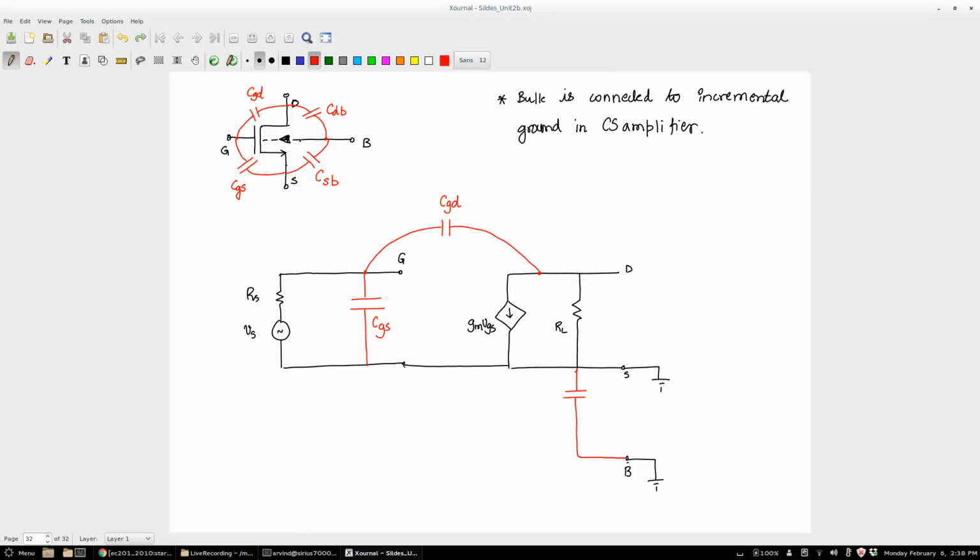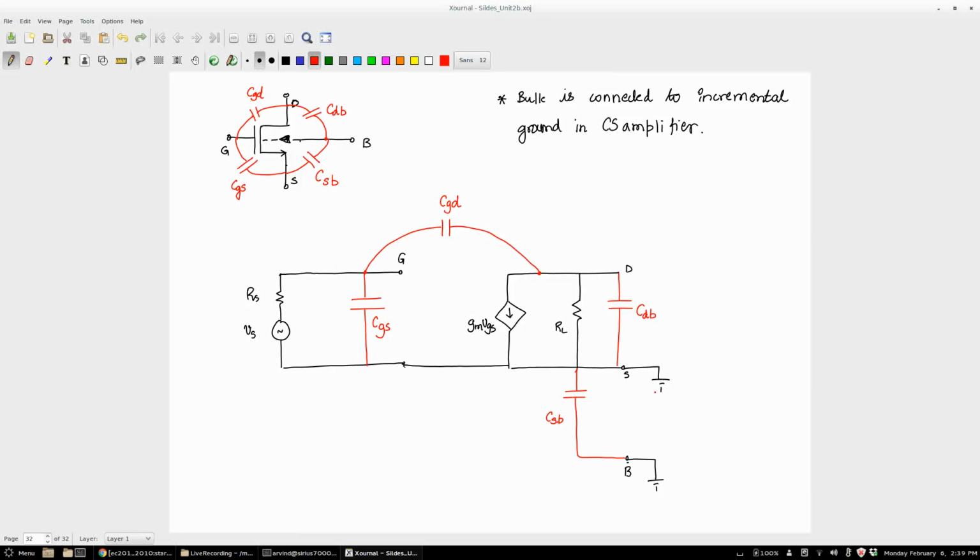Okay. Now can you tell me where the other two capacitances come? So I have a CSB which is coming from there to here. Is that CDB? No, wrong.